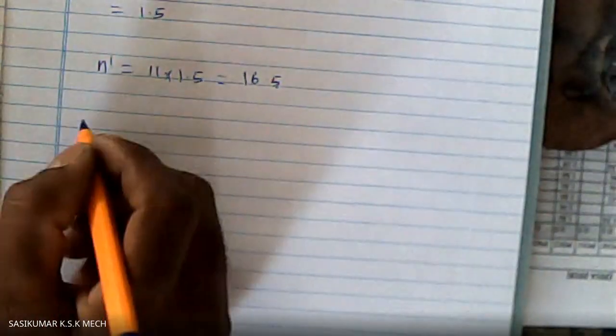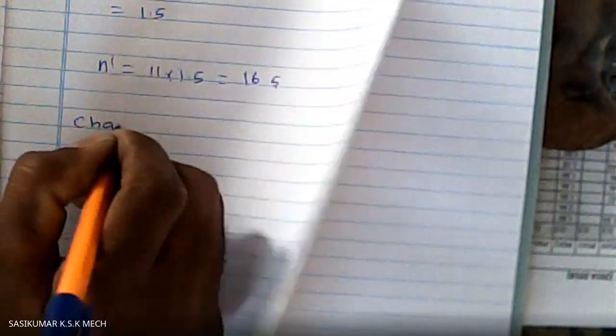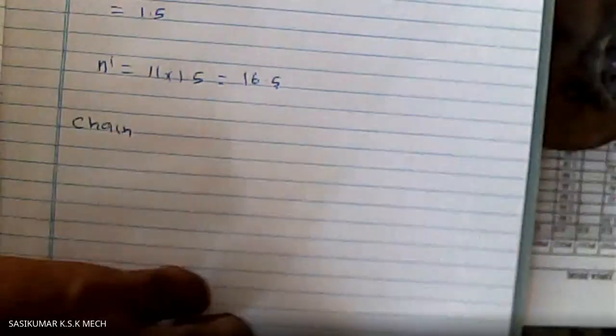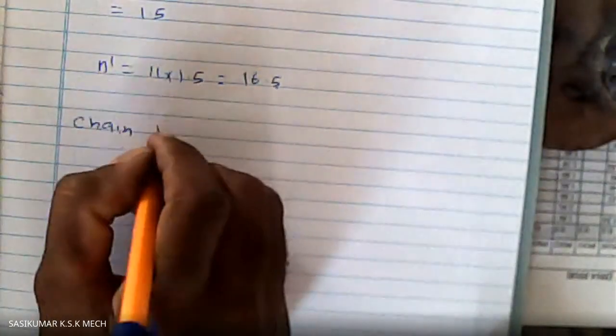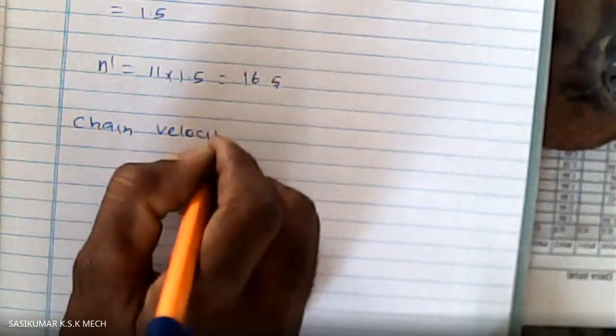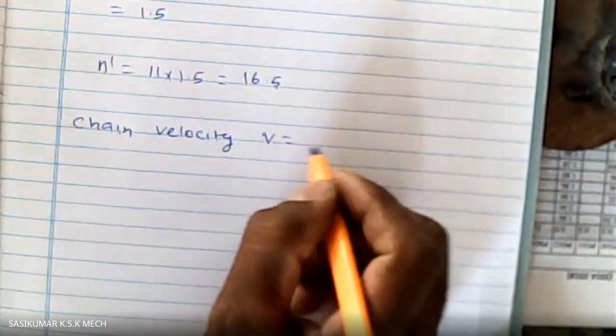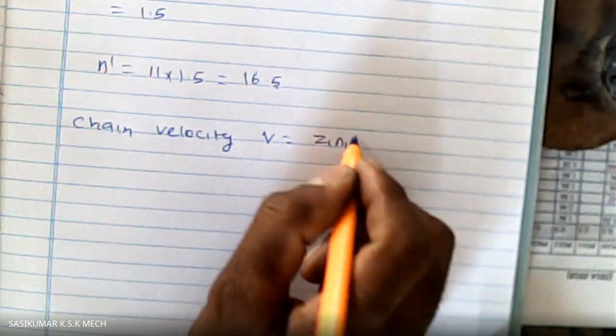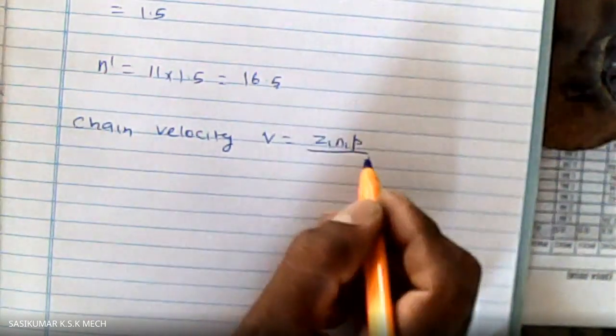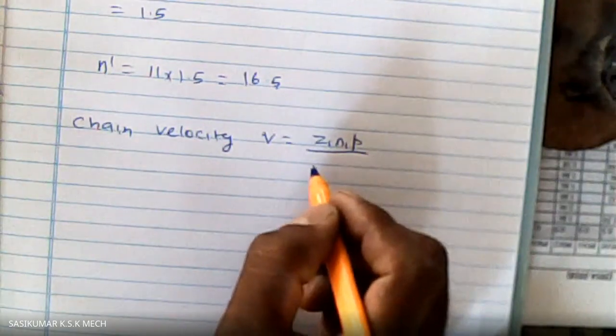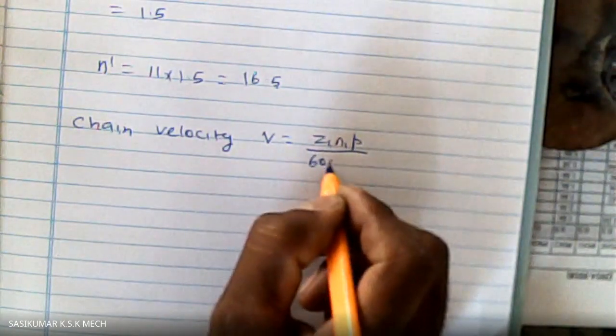So now the chain velocity V may be determined from N1, Z1, and p. Here it is a small p. V equals Z1 into N1 into p divided by 60 into 1000.